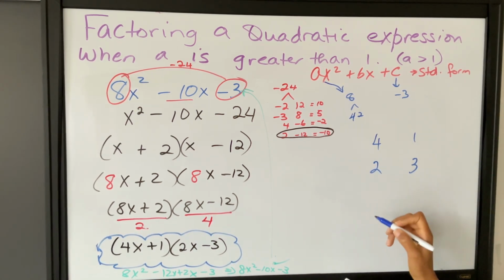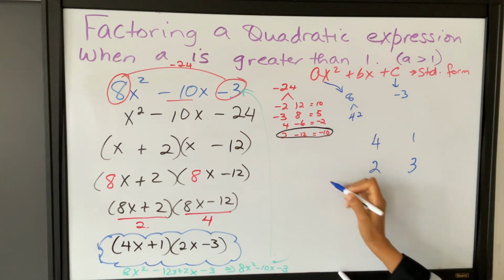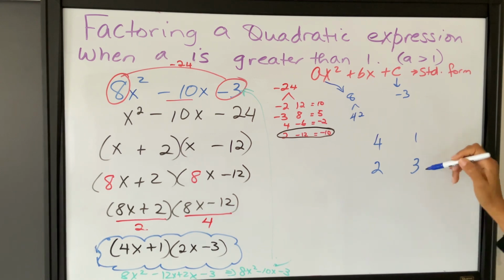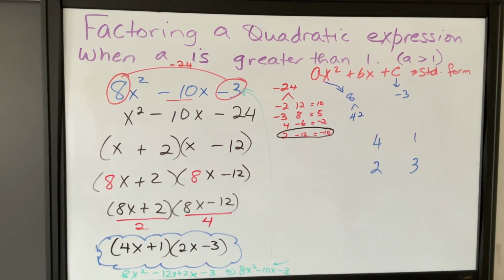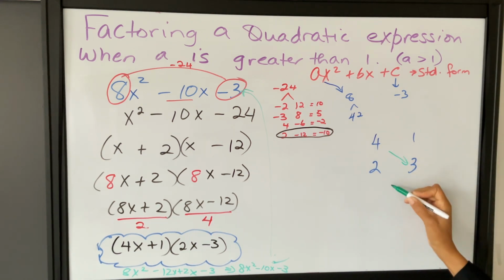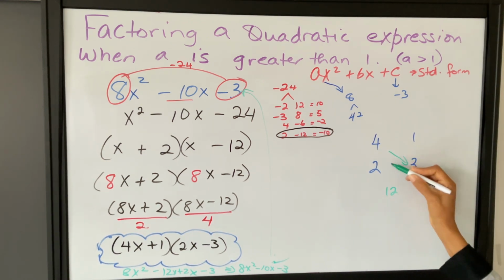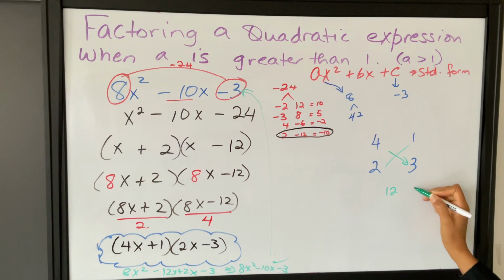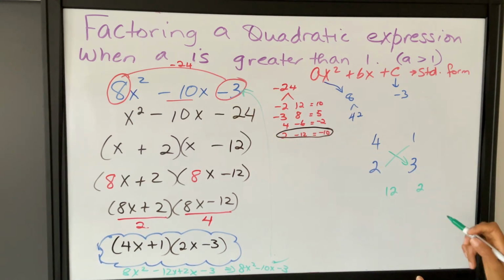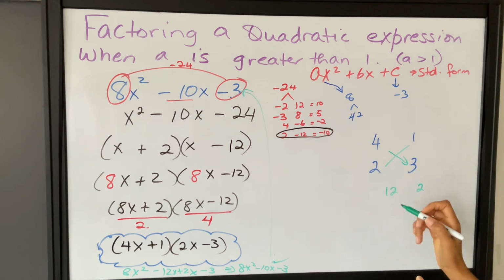Now, I place it strategically this way. Actually, I'm going to rewrite this below down here because I want to show you something different, all right? So whatever I do now, I'm going to cross multiply. So if I cross multiply these, I get 12 here, and I also get 2 here, all right? I note that I need the B term to be negative 10, so let's look at this.